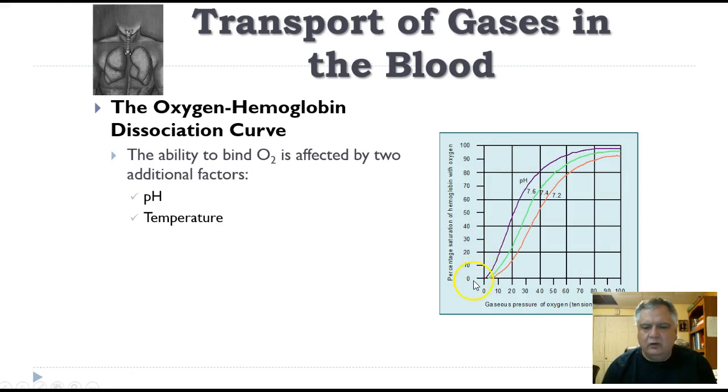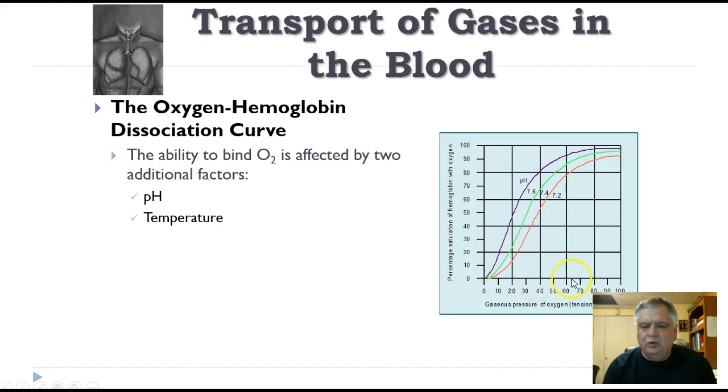Now, before we get into that, let's take a look over here at this oxygen hemoglobin dissociation curve. And what this is showing here, along our x-axis, we have the gaseous pressure of oxygen, or tension, in millimeters of mercury. Where is that going to be the highest? In the lungs. So notice that as we're up here, where we have high oxygen saturations with the blood associated with the alveoli, we have a very high saturation of hemoglobin with oxygen.